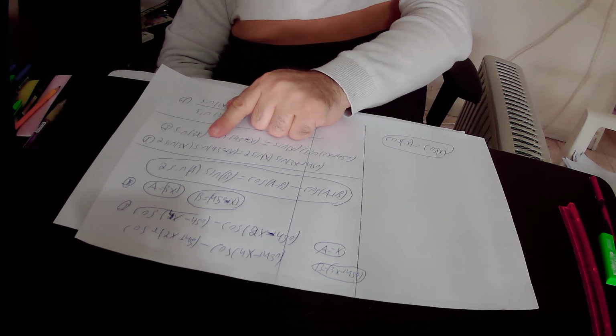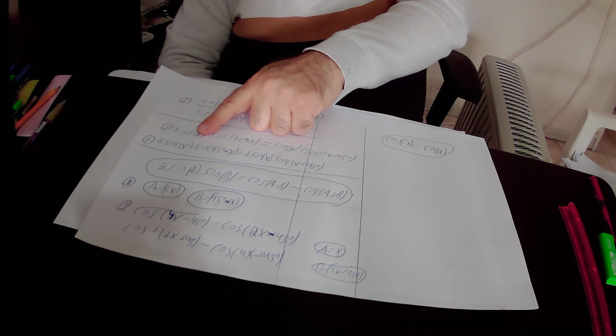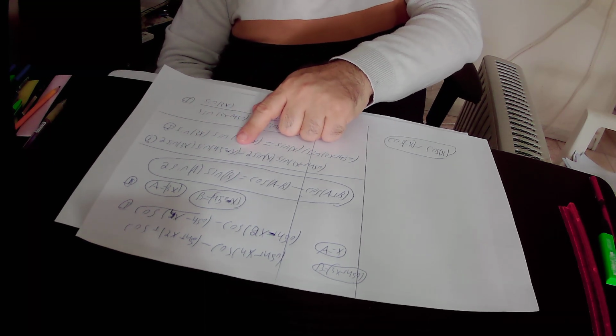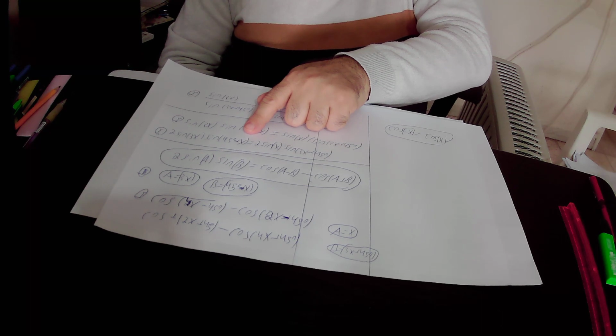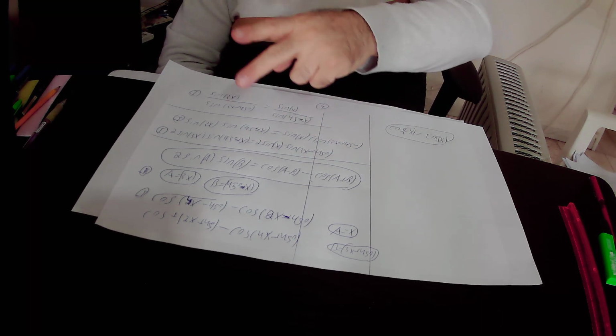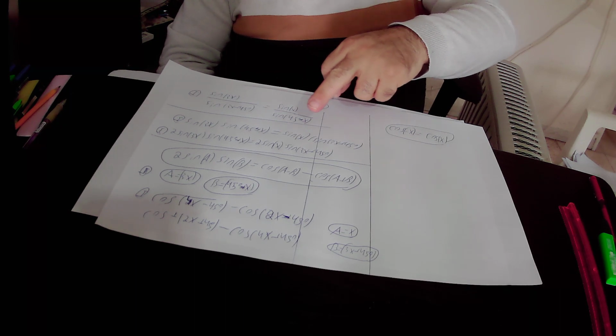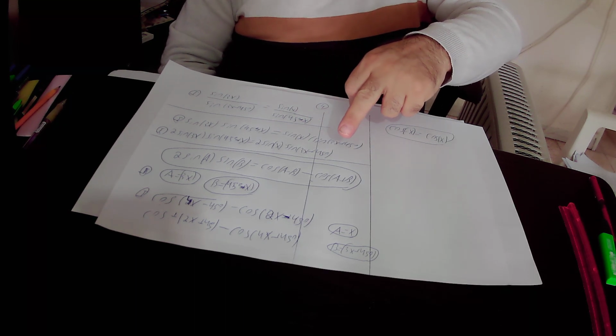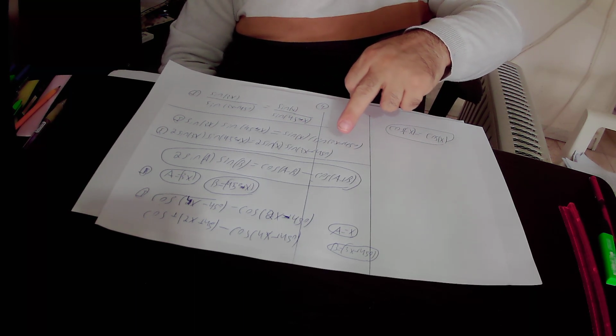In this expression, A equals 3x, B equals 45 degrees minus x. Therefore, according to the identity, 2 sine A sine B equals cosine (A minus B) minus cosine (A plus B).